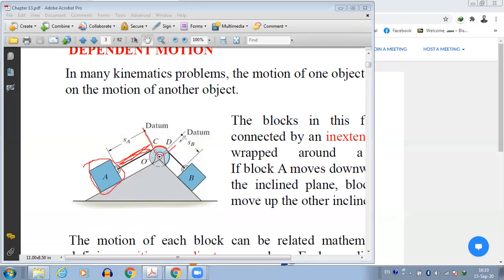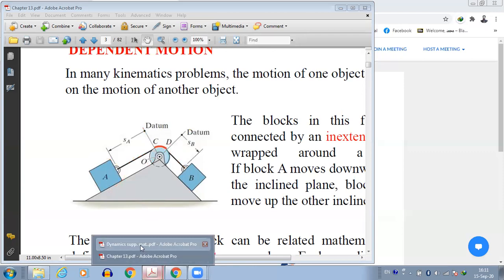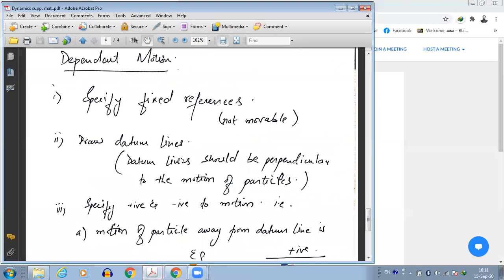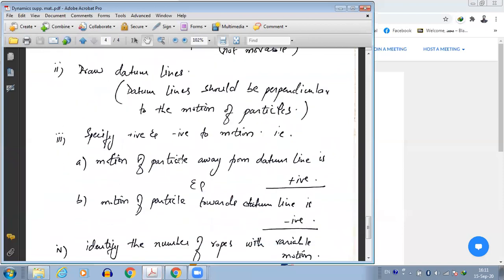Then we have another datum line, and this is for particle B because its motion is perpendicular to this datum. So that's the second point. I hope it is clear. Point number one done, point number two done. Let's go to the third point.